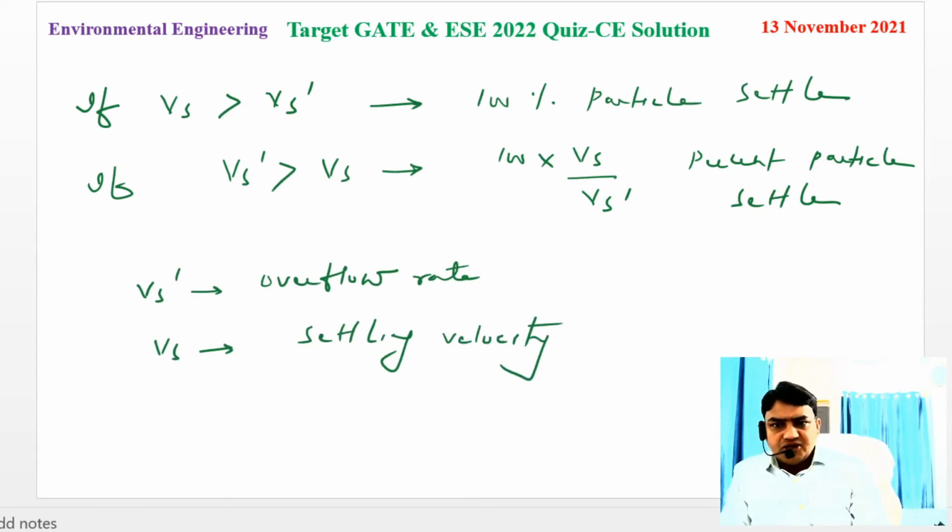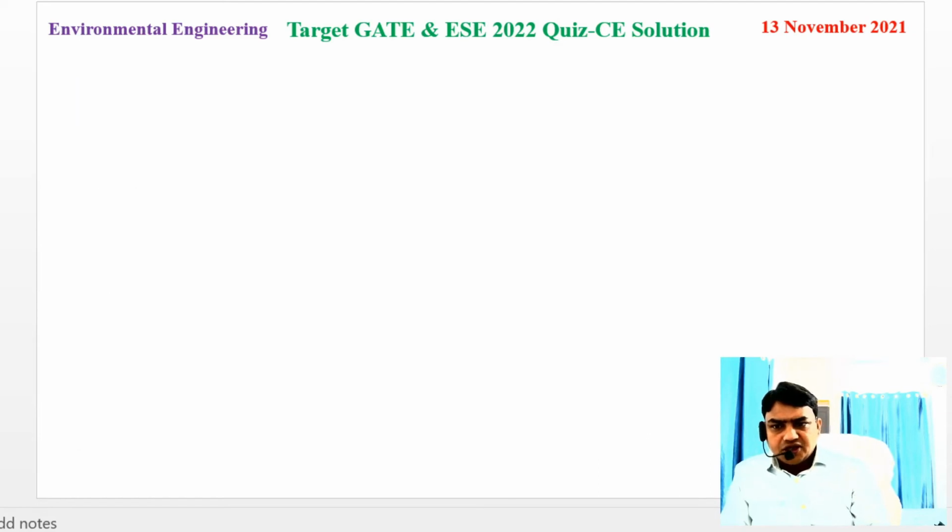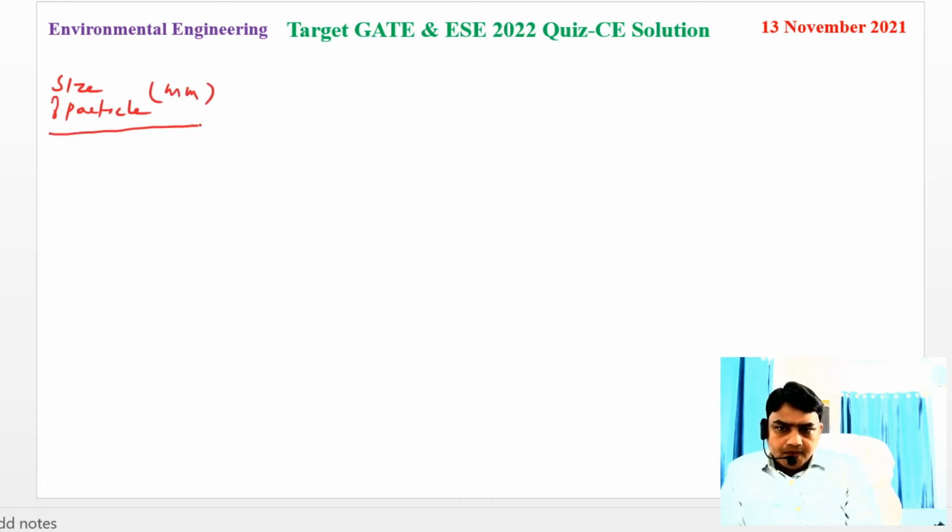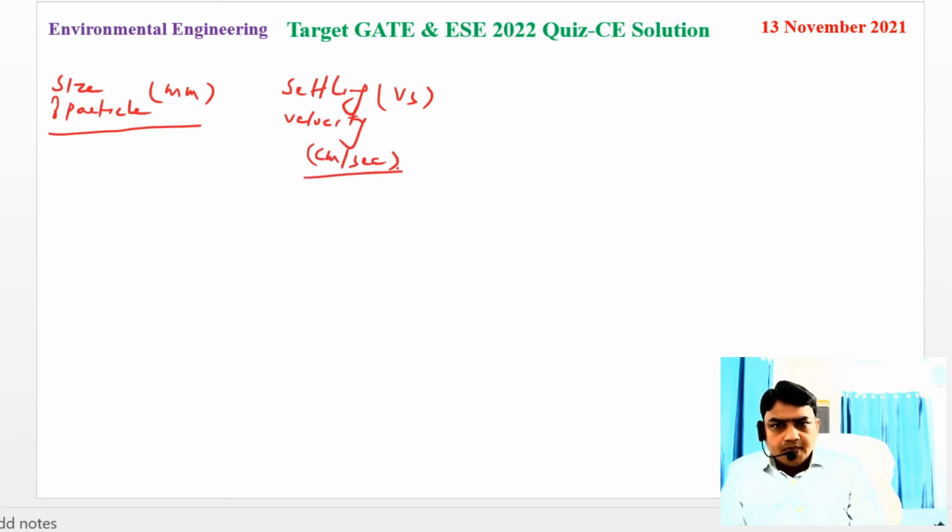So in the question, the diameter of the particle and corresponding settling velocity is given. So size of particle in mm, corresponding settling velocity Vs in centimeter per second, it is also given. And overflow rate we have computed.